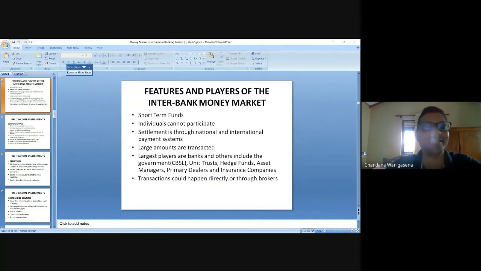So what happens in a repurchase agreement? Let's go one step at a time. The bank sells the security with an agreement to buy it back, right? What is important is that the bank sells the security, so money comes into the system.